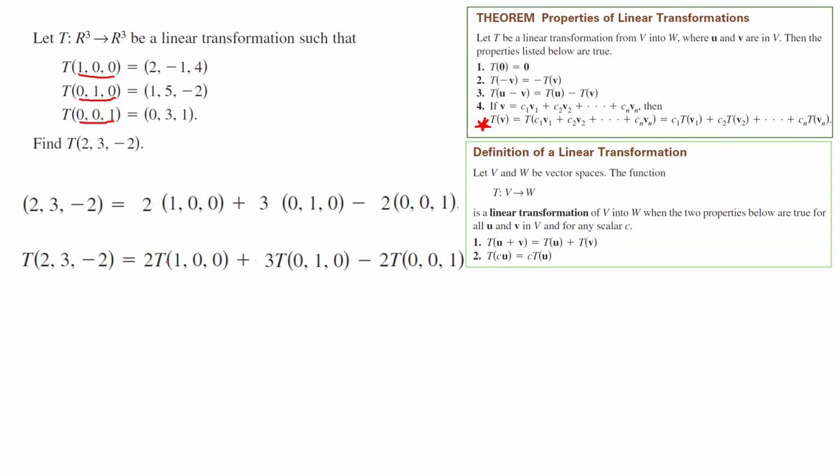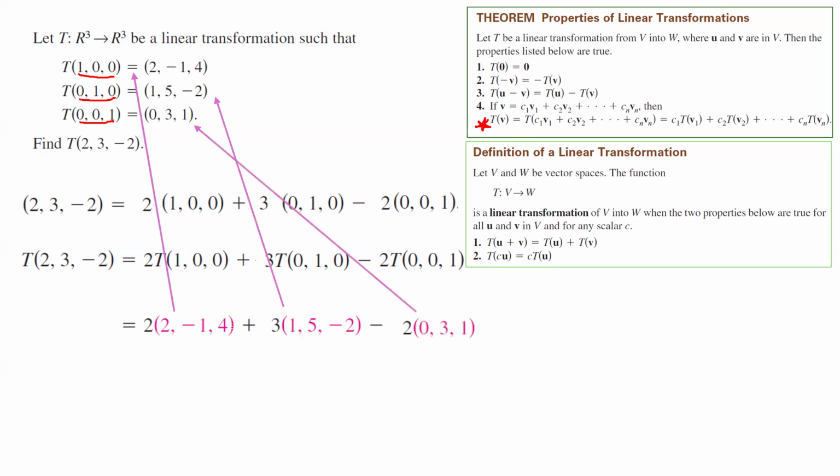Well, I know T of (1, 0, 0) is (2, -1, 4). So it becomes 2 times (2, -1, 4), plus 3 times (1, 5, -2), minus 2 times (0, 3, 1).